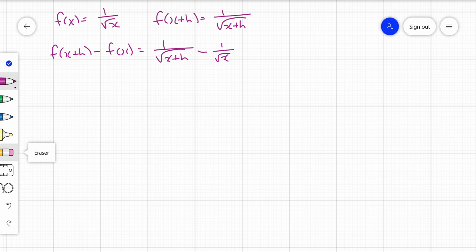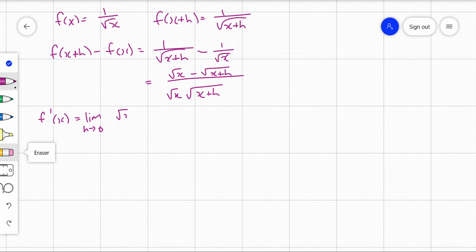Now, if I make a common denominator there, I'm going to have root x plus h, and on top I'm going to have root x minus root x plus h. And what I might do there is, actually I'm going to just put it in now. So if I was looking for f dash of x, then I want the limit as h goes to 0 of root x minus root x plus h, all on root x plus h on h.